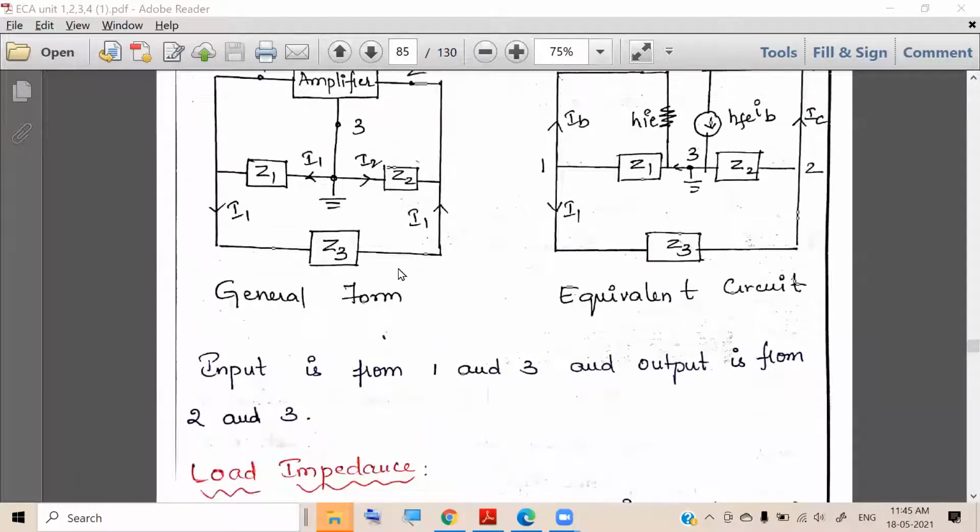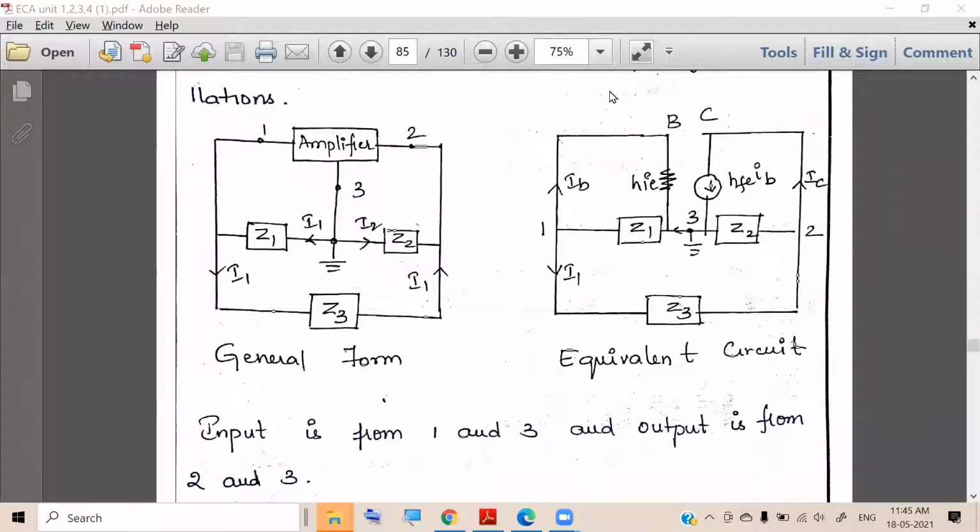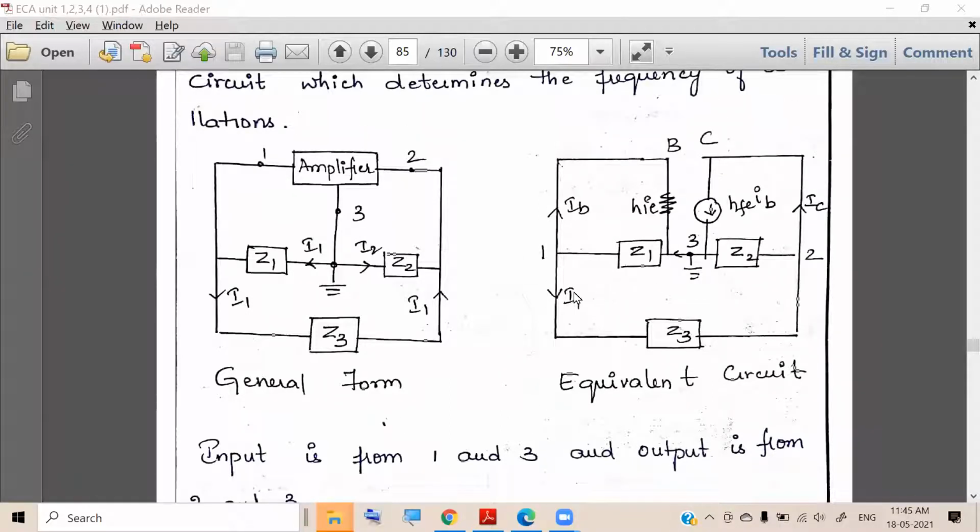Next, let us analyze this circuit. The idea that we will follow here is, this is the circuit for any LC oscillator. It could be Hartley, it could be Colpitts oscillator. If we have an amplifier, we cannot analyze.